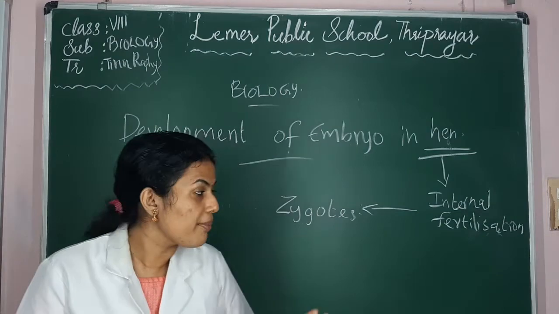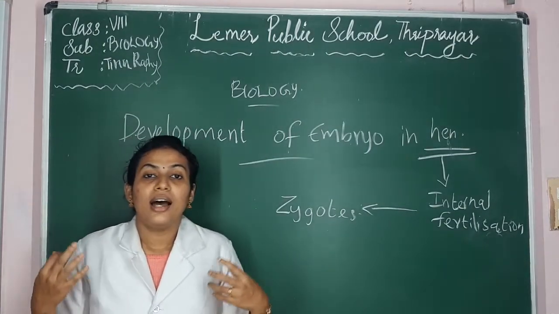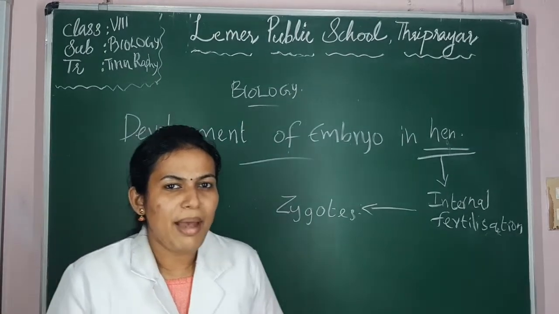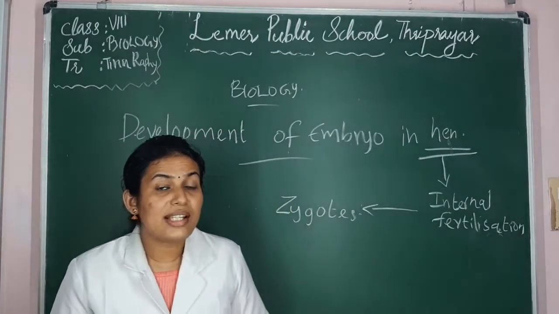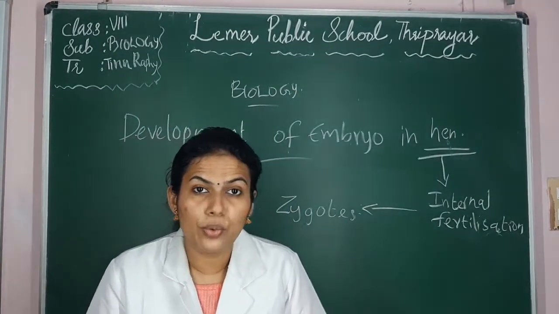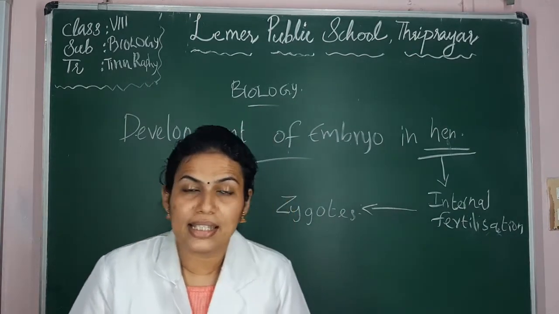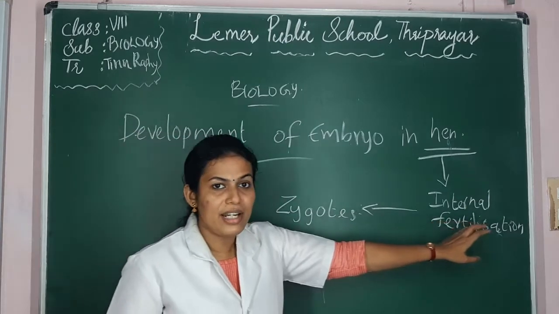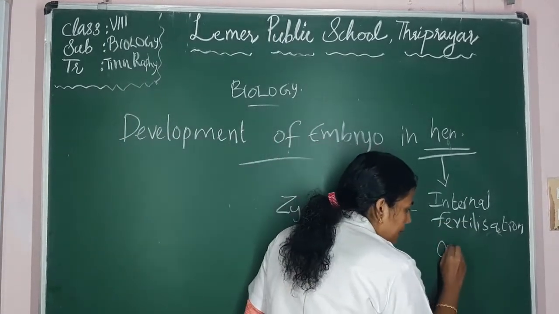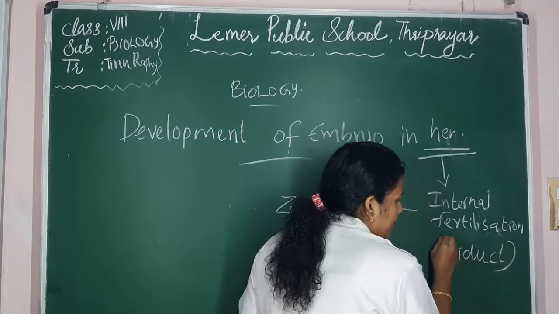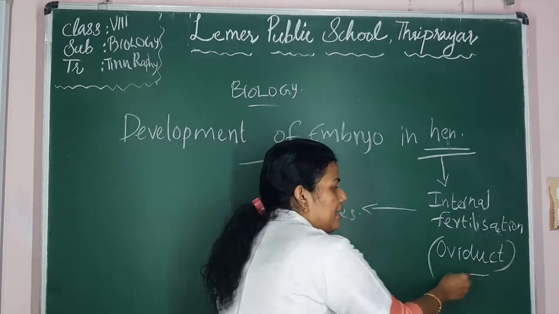We learned that in humans and other mammals, internal fertilization happens in the fallopian tube, isn't it? The fallopian tube is also called the oviduct. So this internal fertilization happens in the oviduct.